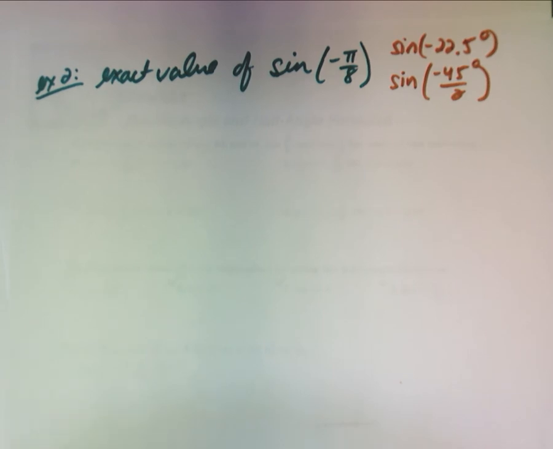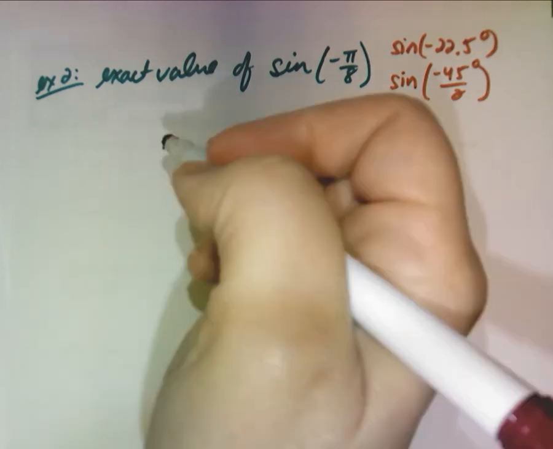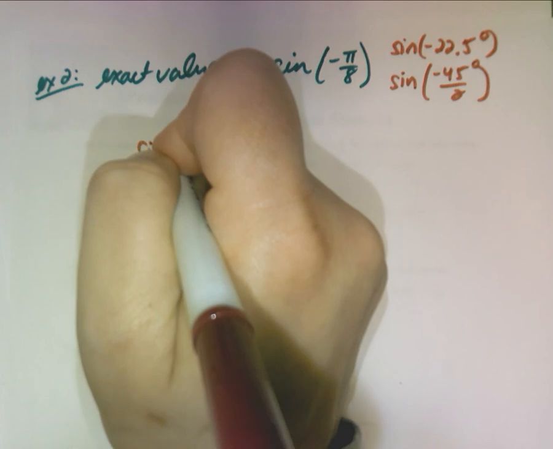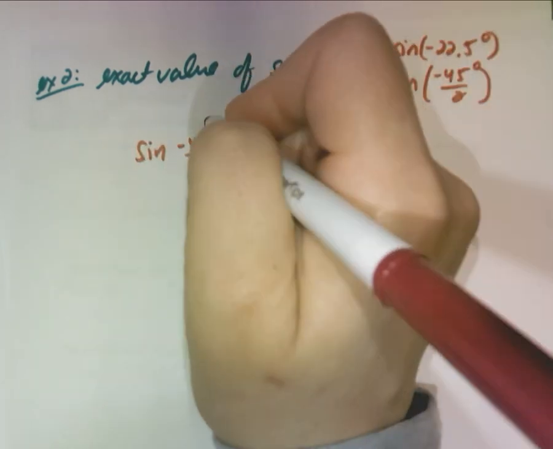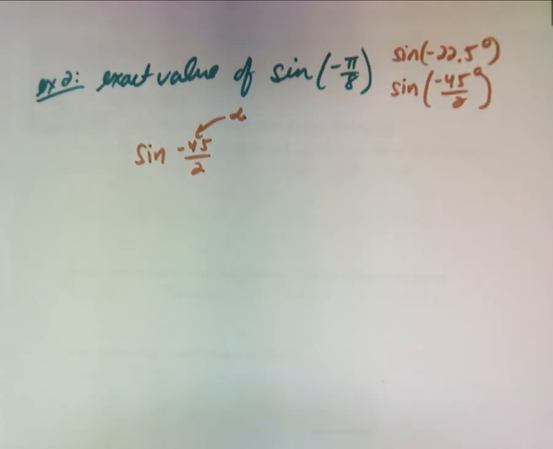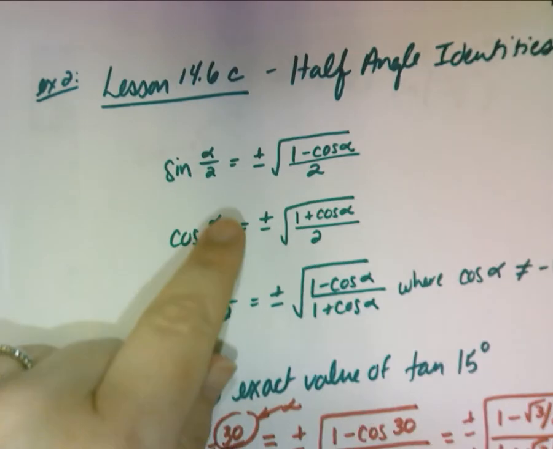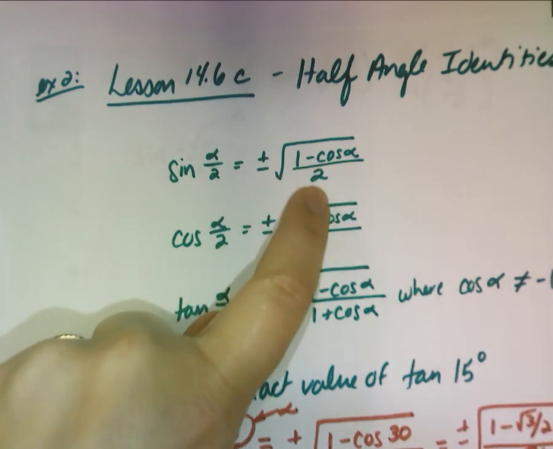So what does that mean? Well, this would be the sine of negative 45 over 2. This would be my alpha. So then follow the formula. Again, what's the formula for sine? Plus or minus square root of 1 minus cosine alpha over 2.